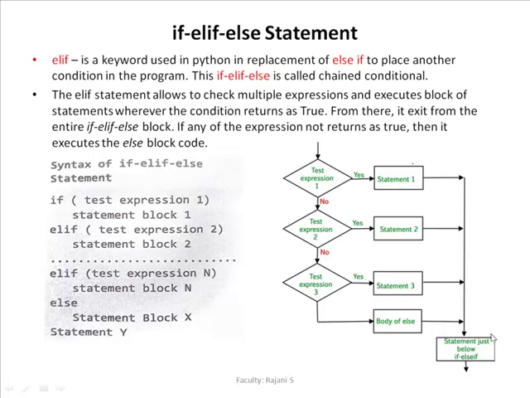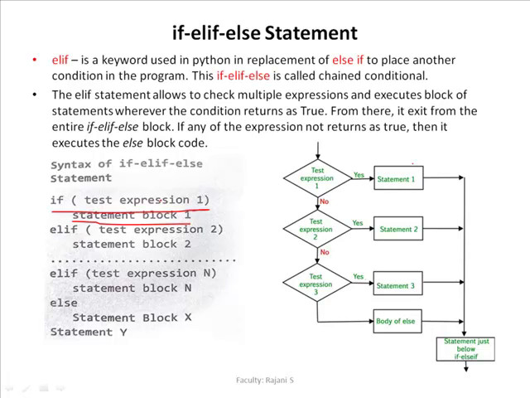That is the difference. So the main advantage of this if elif else statement is to check more than one condition. We can use this if elif else statement, and see this syntax. First we check the test expression, that is the if condition. If the condition is true, then it will execute only statement block 1 and it ignores the remaining elif and else statements.